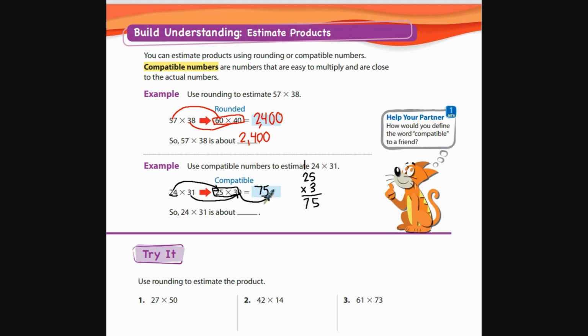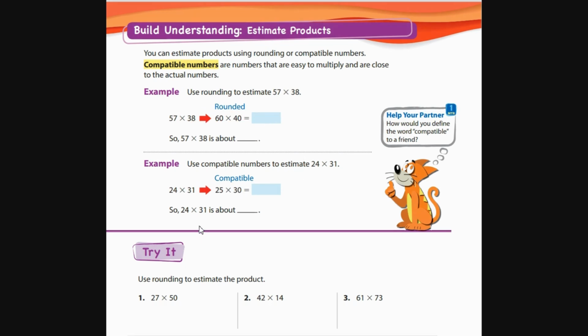However, be careful with those zeros. It's not 75, it's 750. So that means that if I had to estimate what 24 times 31 is, I can say that the product is about 750.